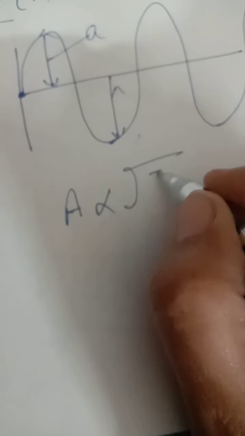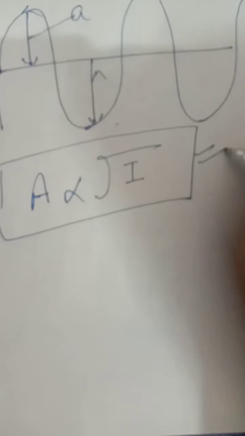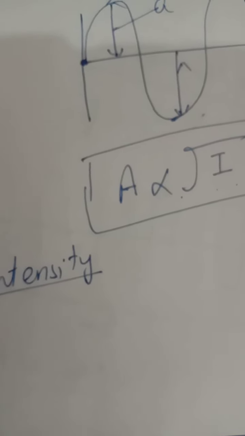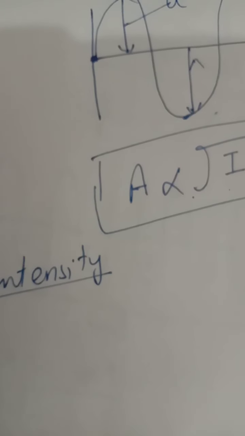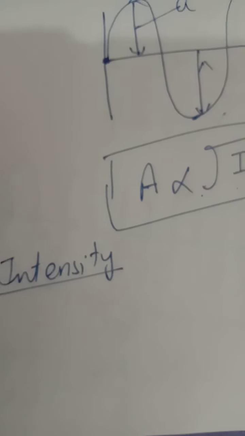Amplitude is directly proportional to the square root of intensity. It's again a very important formula. Now, intensity means energy per unit area per unit time, that is, the number of photons per unit area in unit time is called its intensity.